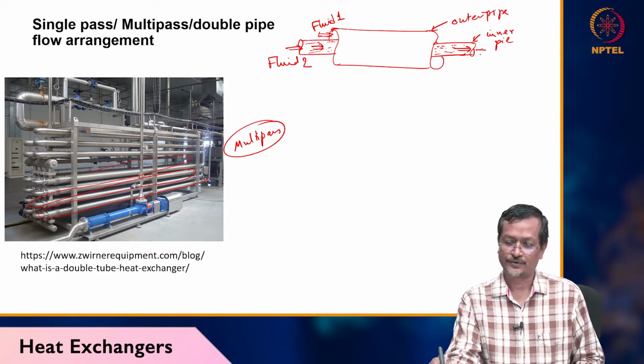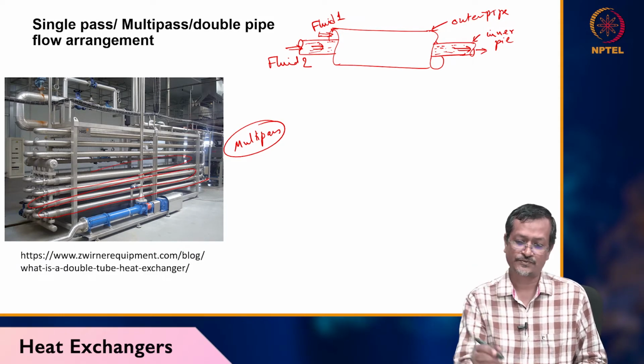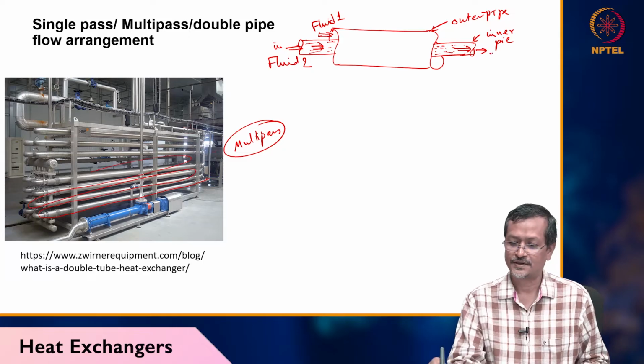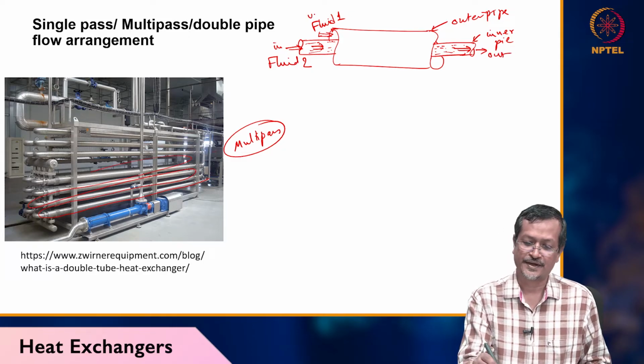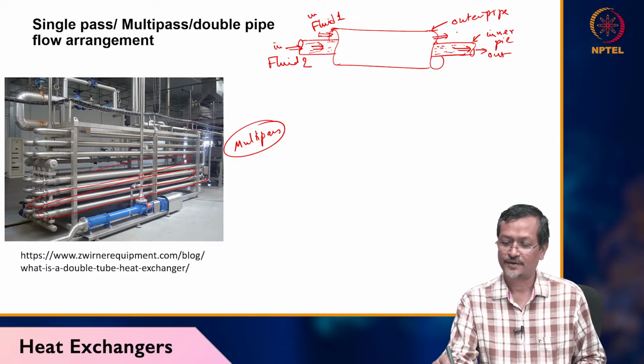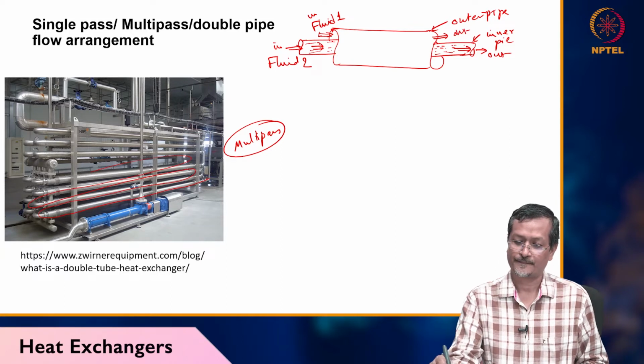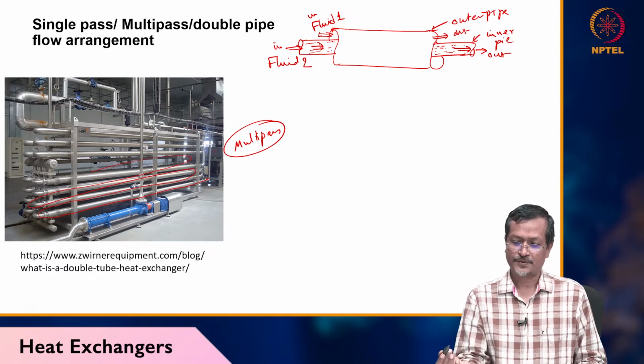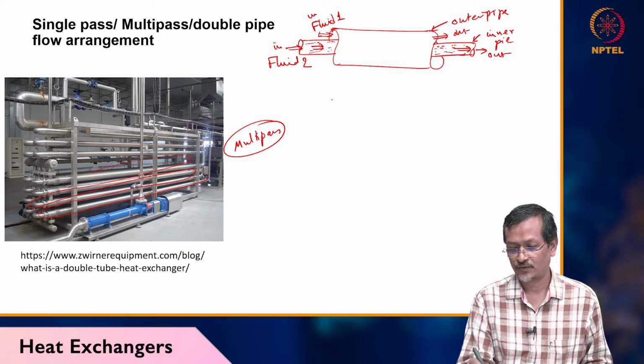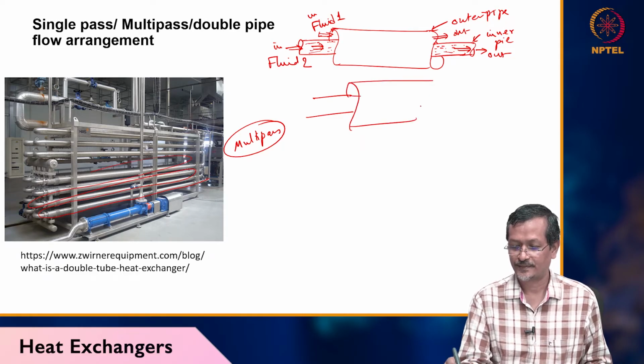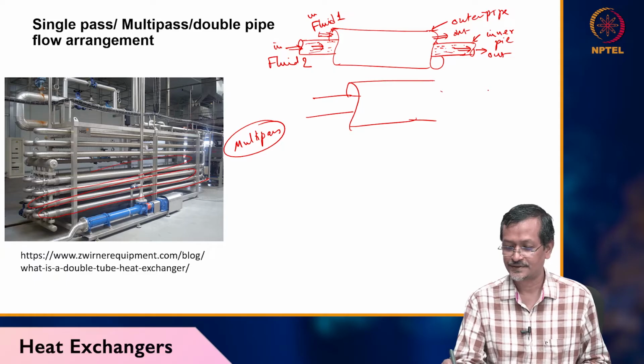Okay, so fluid 2 going through, coming out also, fluid 2 in, this is out, this is fluid 1 in and fluid 2 out. Okay, and it is also possible that fluid 1 and fluid 2 direction can be opposite. How? Okay, so I have another pipe, let's say like this.